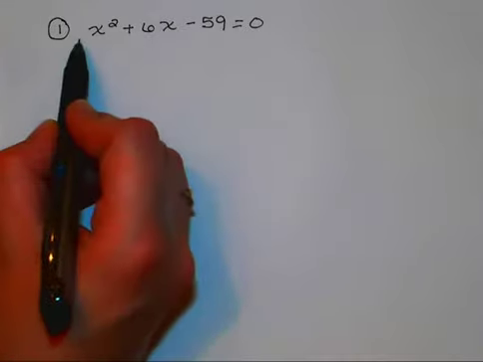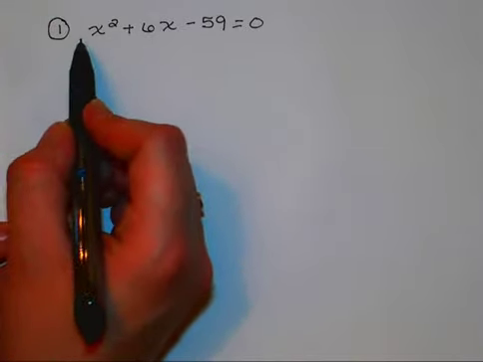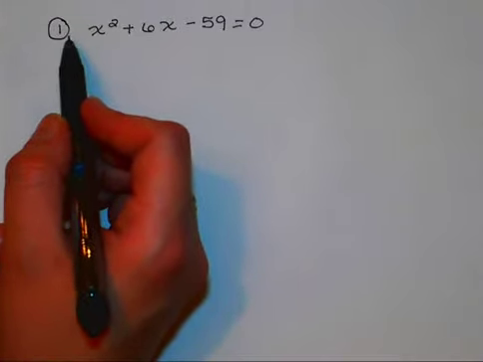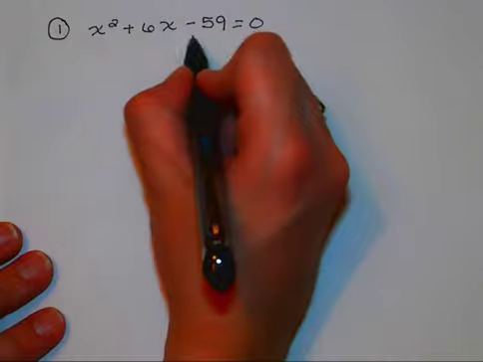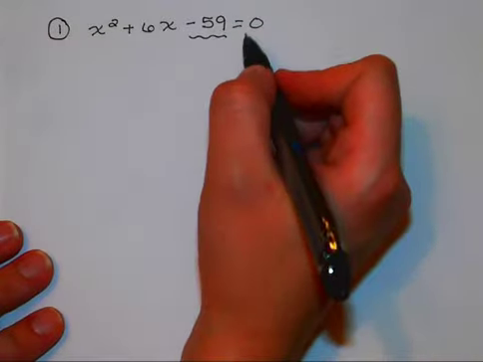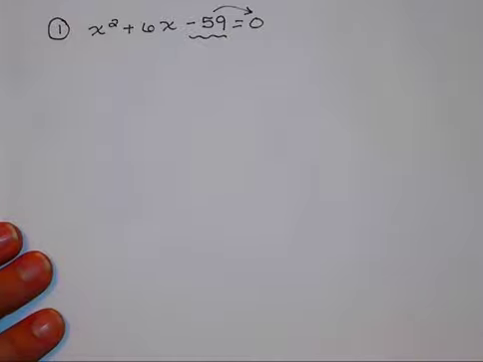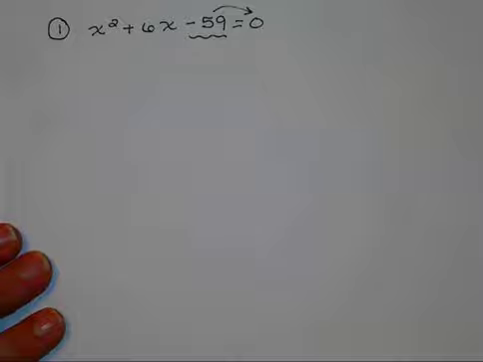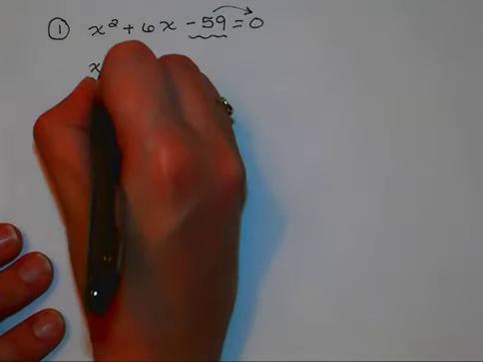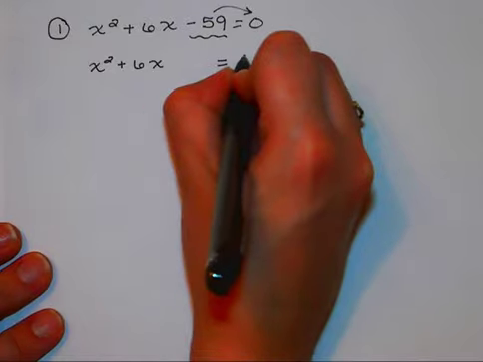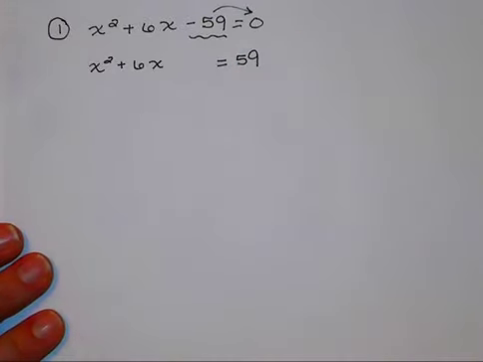The leading coefficient, meaning the number in front of x squared, must be a 1, which we have. And if there's a constant, a normal number on the side of the equation with your x's, you should start by moving it over to the other side. So for this equation, I'm going to begin by adding 59 to both sides. Now I have x squared plus 6x equals positive 59. Hey, I left that big space there for a reason.